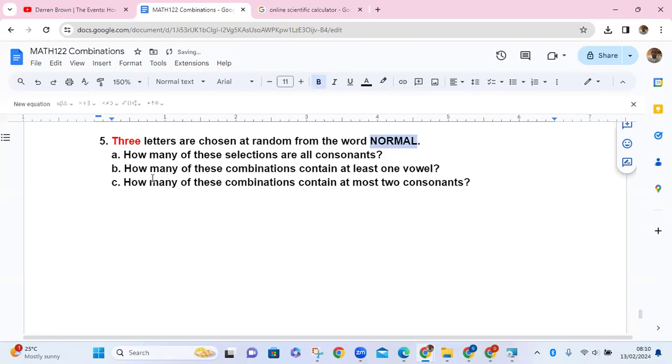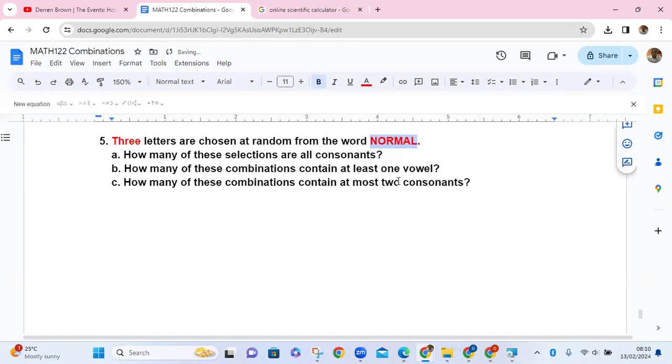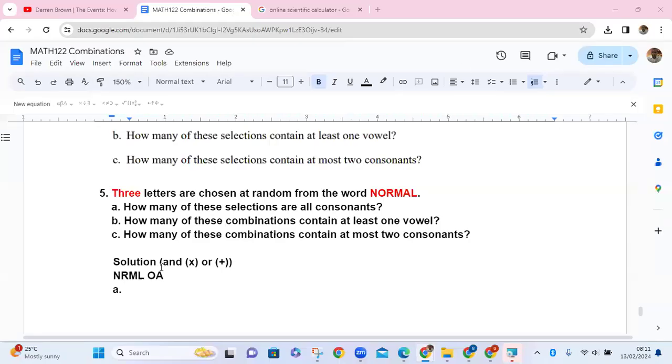The first question is how many of these selections are all consonants? So we have to partition the word normal into its consonants and vowels. Also, please take note that the word and in probability analysis and statistical data analysis is interpreted by using the operation times, multiplication, and the word or by using the operation plus.